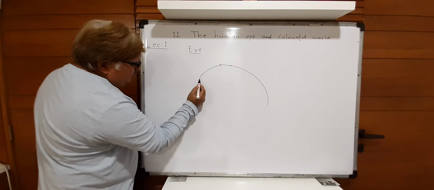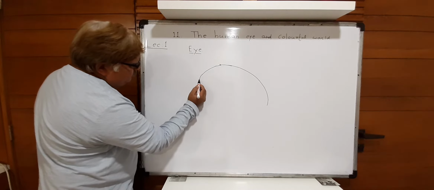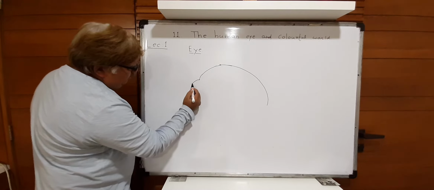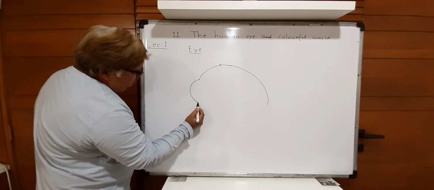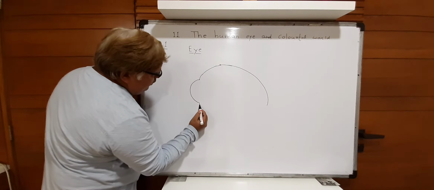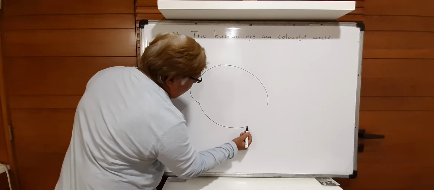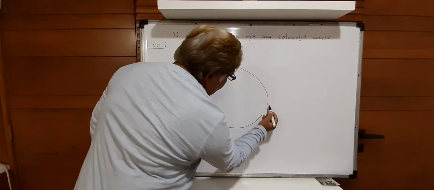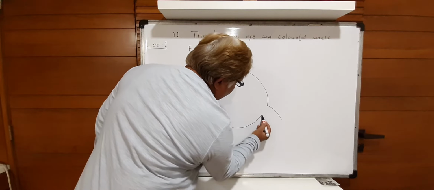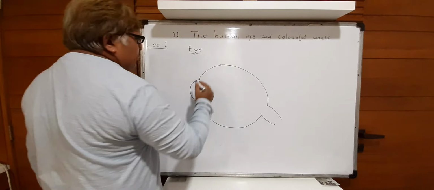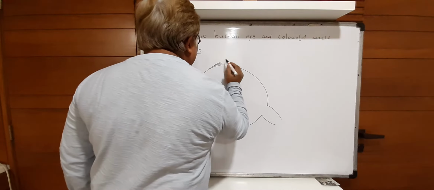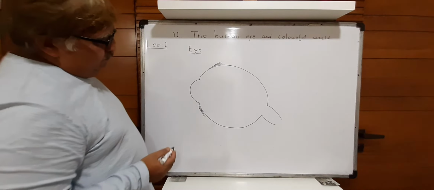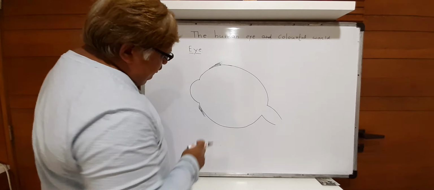And here the bulging part, that bulging part shows the cornea. A little bit this way. Perfect, try to make a perfect circle. And somewhere here, like this, the muscles. Now first draw a perfect circle.